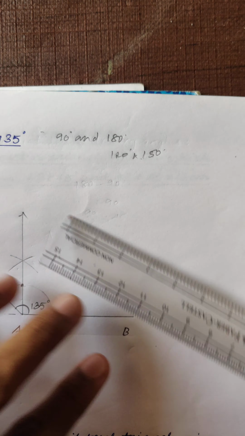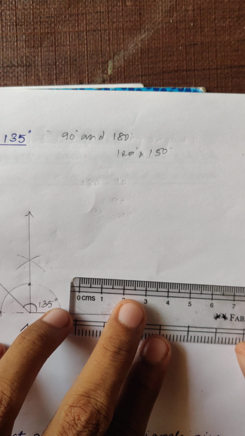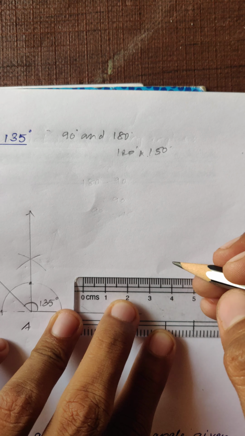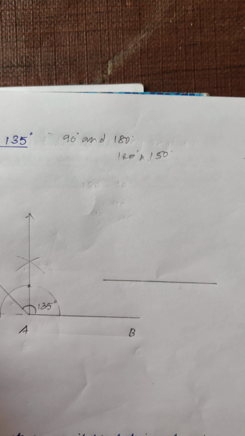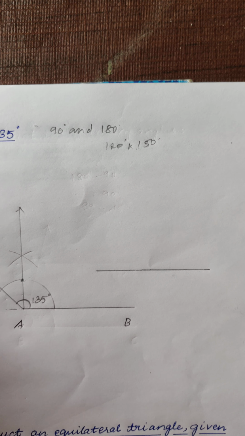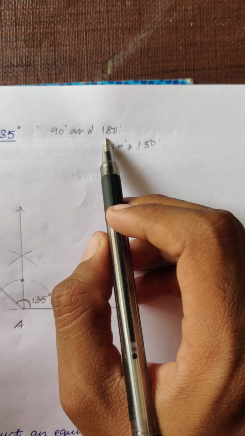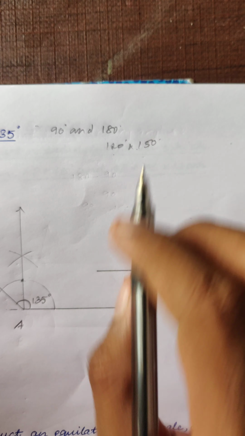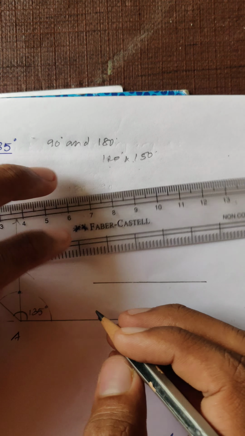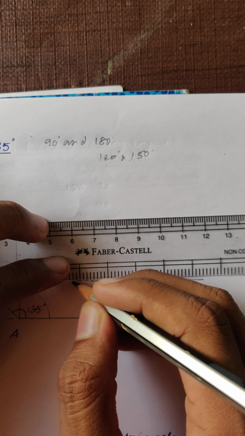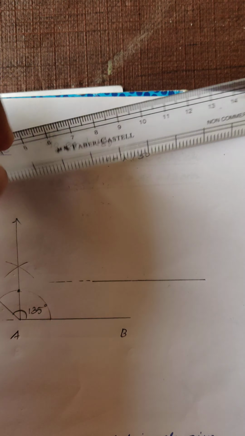Let us take a line segment, some line segment, and let us learn method 2 to draw 135 degrees. First let us draw 120 and 150. It can also be drawn between 90 and 180 or between 120 and 150. So let us learn how to draw it between 120 and 150. First let me draw 120 and 150.